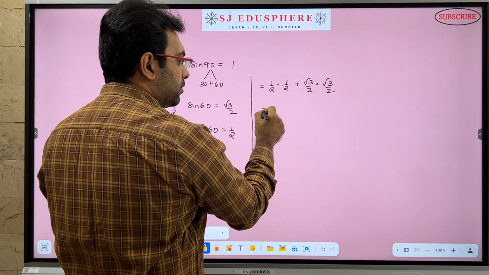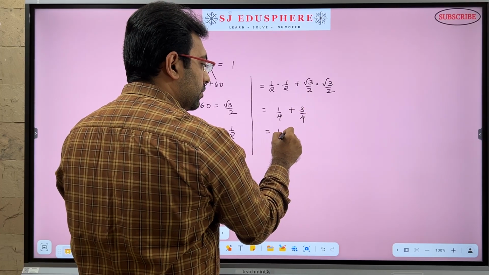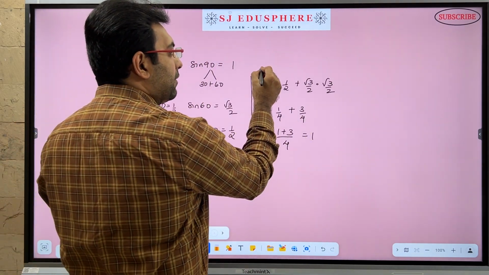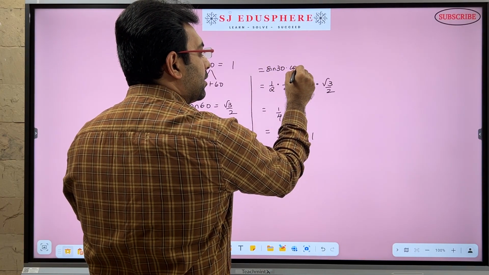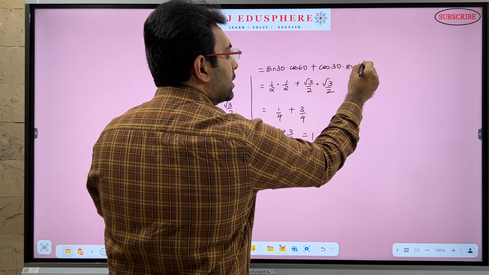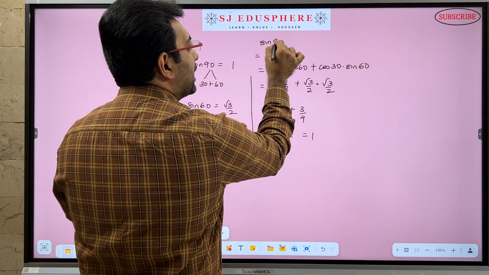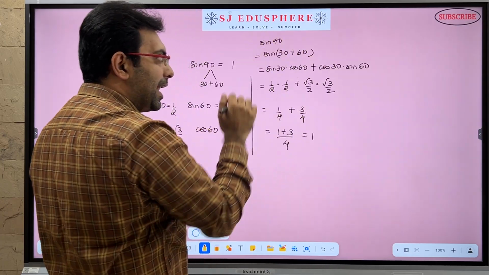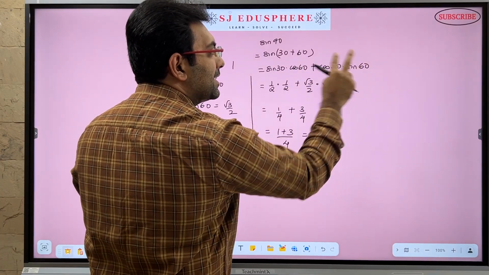This gives me 1 by 4 plus 3 by 4, which is 1 plus 3 by 4, which is 1. What product have I used over here? I have written this as sine 30 cos 60 plus cos 30 sine 60. I have simply written sine 90 as sine of 30 plus 60, which is sine 30 cos 60 plus cos 30 sine 60.